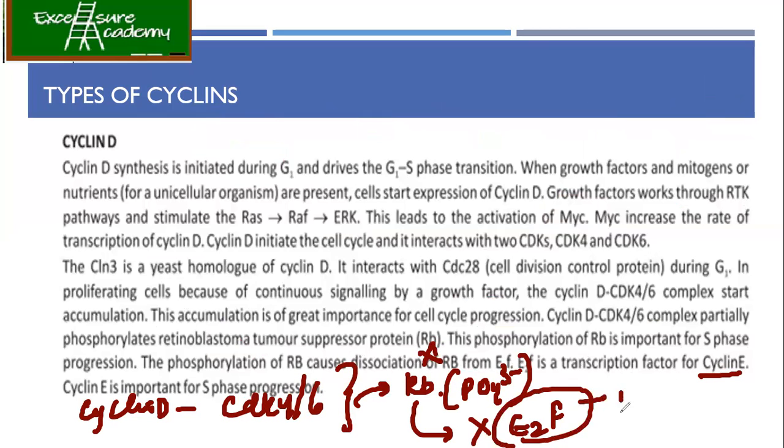It means what? Cyclin E has been transcribed. And it means what? If there is an increased concentration of cyclin E, now the cell has entered the S phase. Okay. So read more and more and try to write it in a flow chart so that you can understand what exactly is happening in the cell cycle.